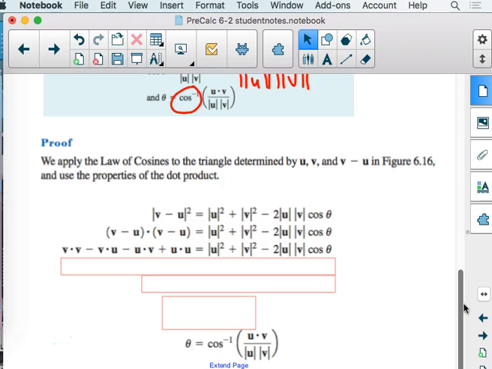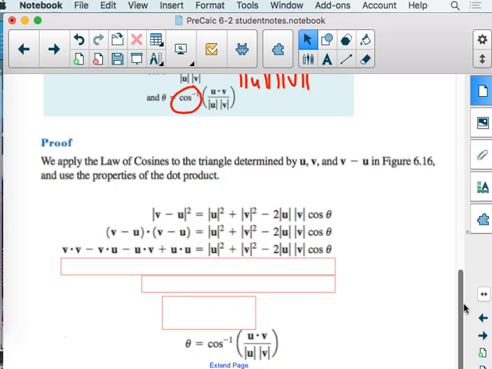We know that v minus u squared is going to be v minus u times v minus u. That's what it is. So we expand that in order to see, are some good things going to happen here? Is there going to be something that drops out to add or subtract? What's going to go on over on the left-hand side?